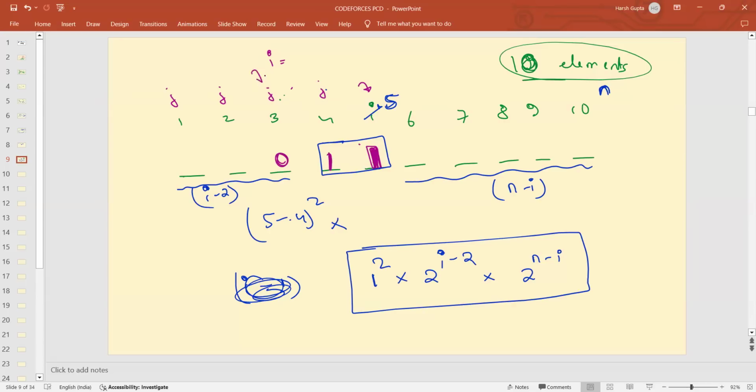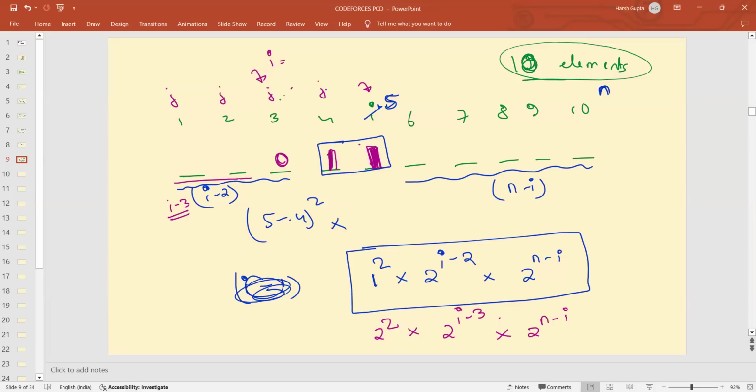Now, if I am assuming this is my j, this value should definitely be 1, equal to the character present at this particular position. So with this as j, just tell me what will be the total swing value. The total swing value will be 2 square, that is the difference of 5 minus 3, 2 square, multiplied by 2 power I minus 3, multiplied by 2 power n minus I. Because now over here we have I minus 3 characters on the left.